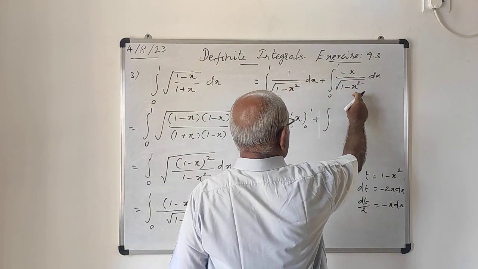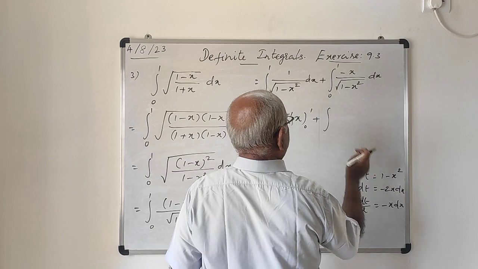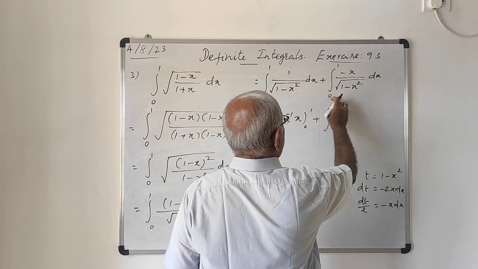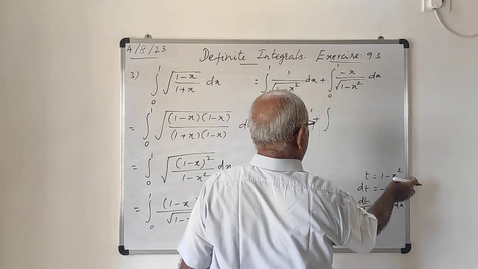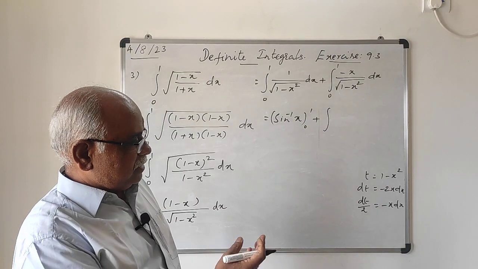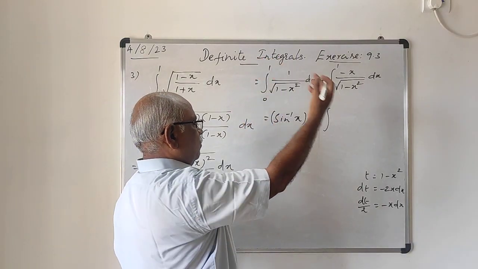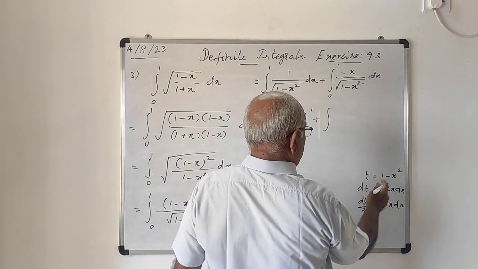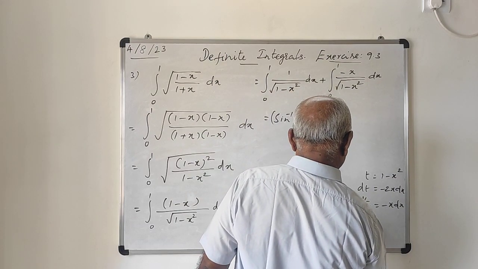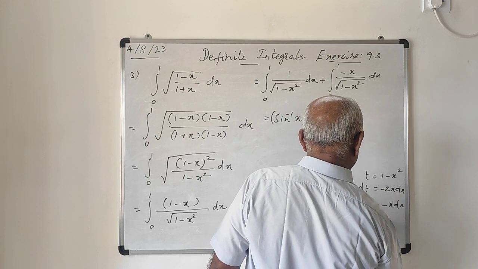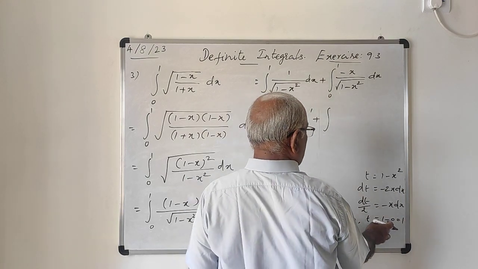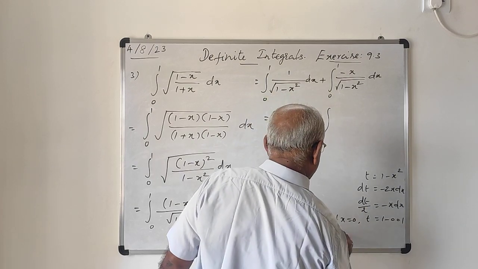And the root of 1 minus x square becomes root t. Also the limits are changed: the limits of x are replaced by limits of t. If x equal to 0, what is t? t equal to 1 minus 0 square, that is equal to 1.